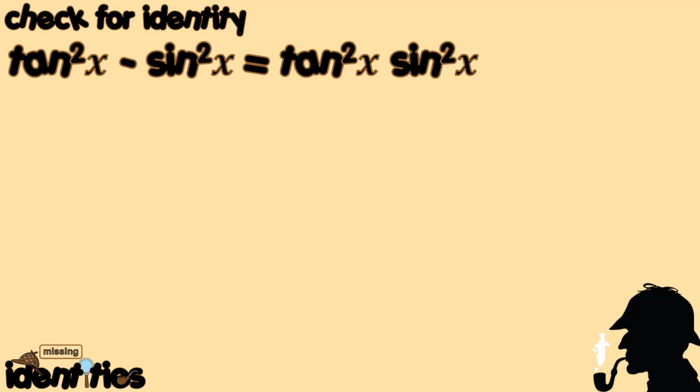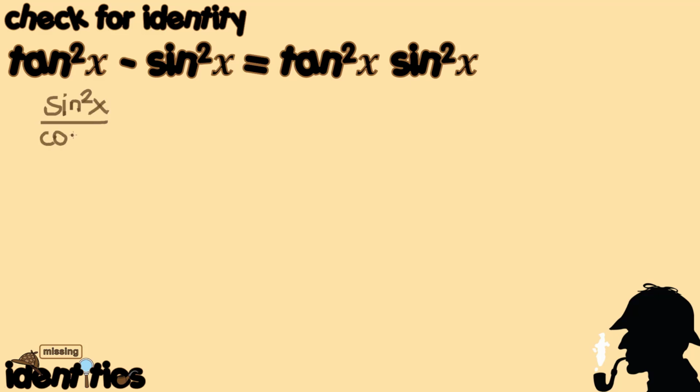We are to start with transforming tangent squared x into a combination of both sine and cosine. In this manner, we can now look into a possibility of using other processes. So tangent squared x can be written as sine squared x over cosine squared x.